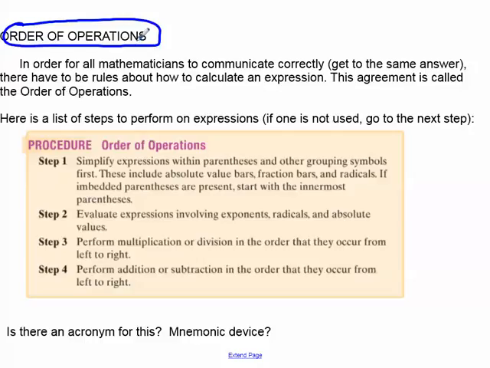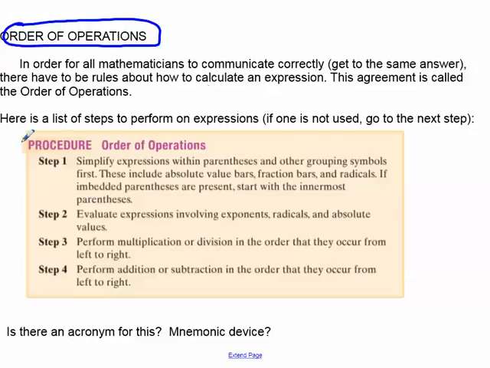If we don't use the same rules to multiply first or divide first, or exponents first, or what are we supposed to use first? If we don't have a common way to discuss expressions, then we won't have common outcomes, I guess.